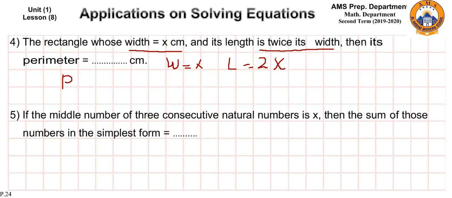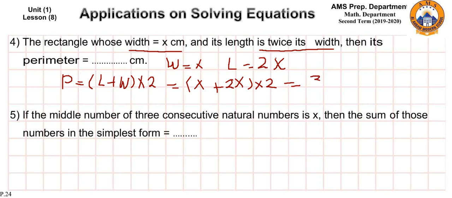Now to calculate the perimeter, equal length plus width times 2. So it will be x plus 2x times 2. X plus 2x equals 3x multiplied by 2. Finally, it will be 6x. So our perimeter will be 6x.